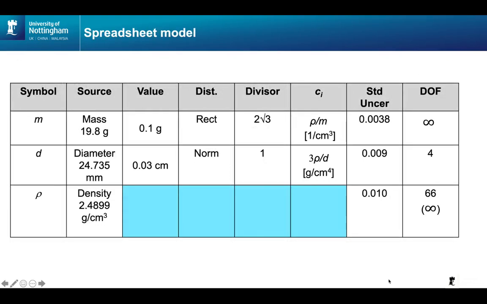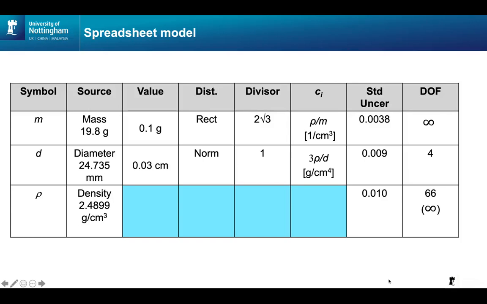So you just plug the numbers in, and it gives you an effective number of degrees of freedom. If we go back to our spreadsheet model for the density measurement result example, I've now filled in the degrees of freedom. Because it's rectangular, I know it's somewhere within that rectangular distribution without any doubt whatsoever. It cannot be outside that, because I know the resolution of the system.